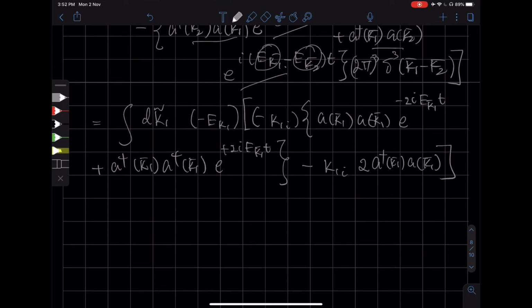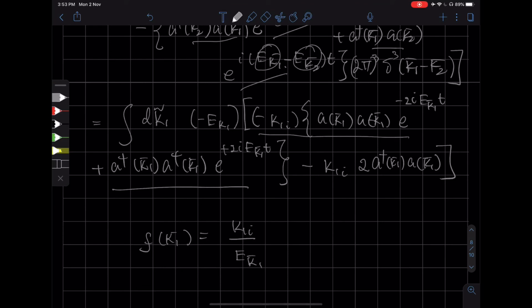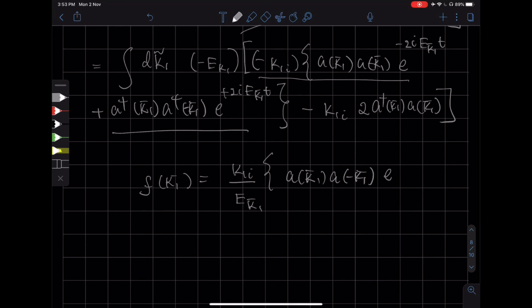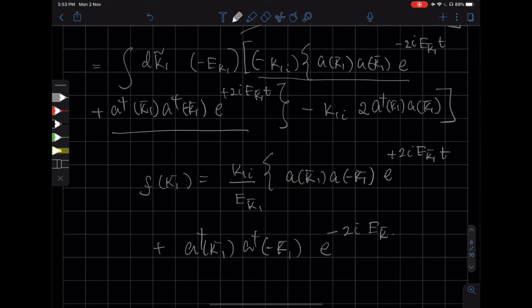This thing is nothing but some function of k1, and this function is k1 i divided by e of k1, and then inside we have a of k1, a of minus k1, so there should be a minus sign here, and then we have e to the power plus 2i e of k1 of t, then a dagger of k1, a dagger of minus k1, and then we have e to the power minus twice i e of k1 of t.